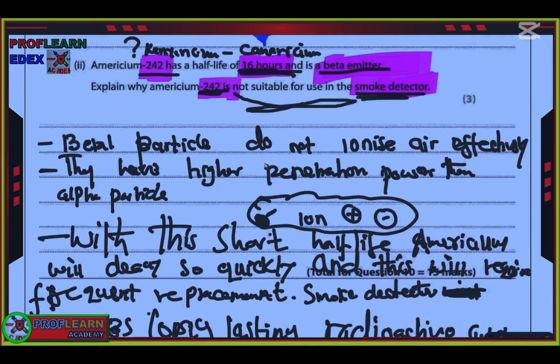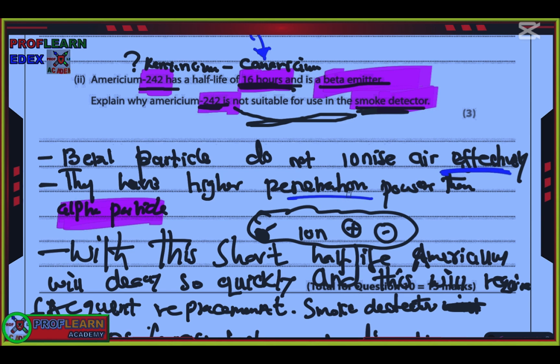So we are going to say beta particles do not ionize air effectively as alpha particles do. They have higher penetration power, and that's going to affect the life of the people around, because they can penetrate into the body. And also we were told that they have a short half-life.